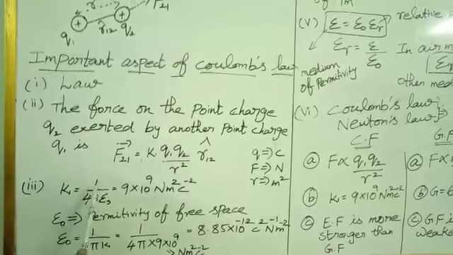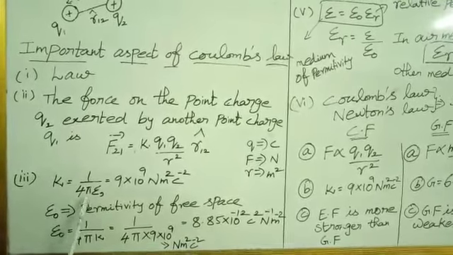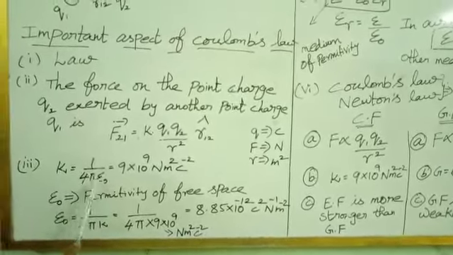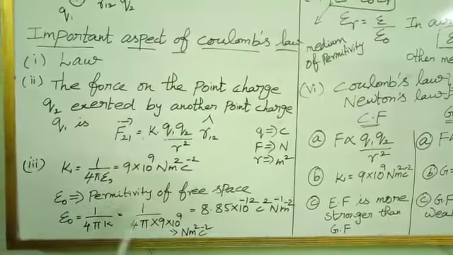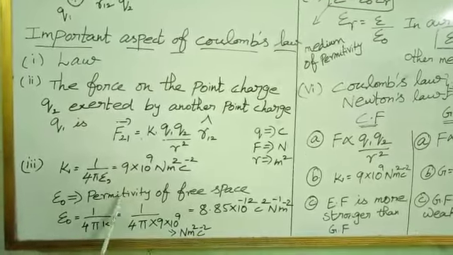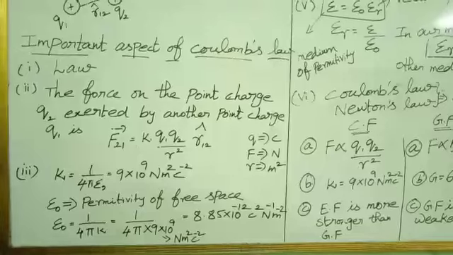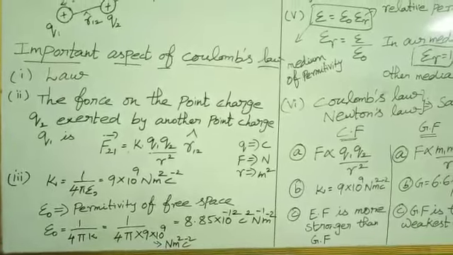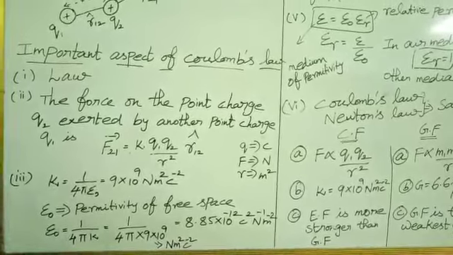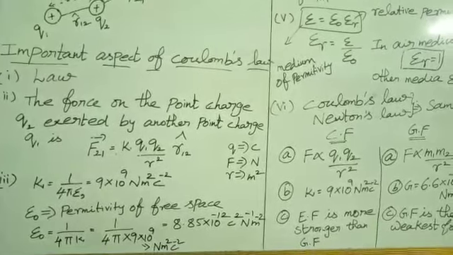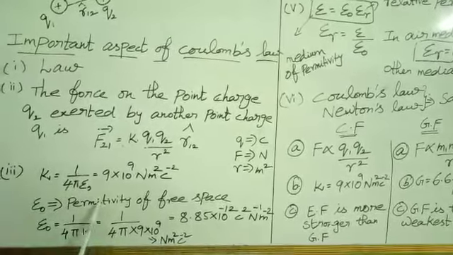Here K equal to 1 divided by 4 pi epsilon naught. Here epsilon naught means permittivity of free space. Permittivity means the measure of the property of the medium which determines the interaction between the charges. This is permittivity.